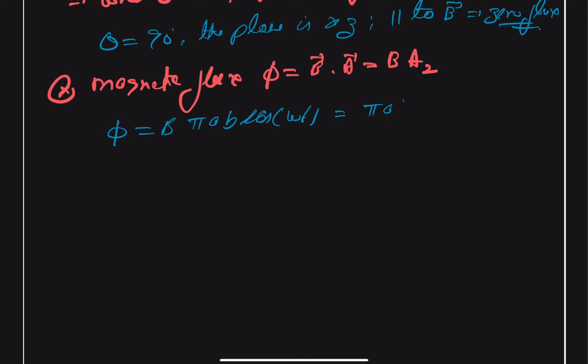This will be pi AB B cos of omega t. Now we have to find out the induced EMF.